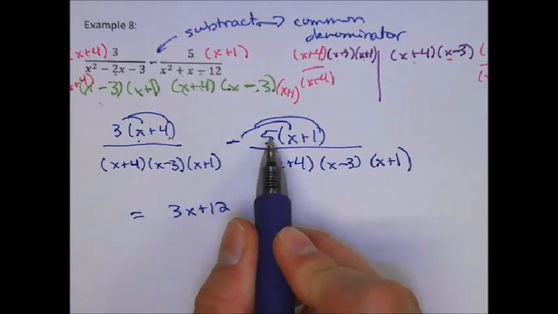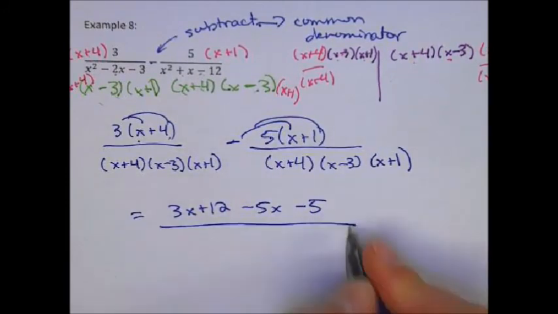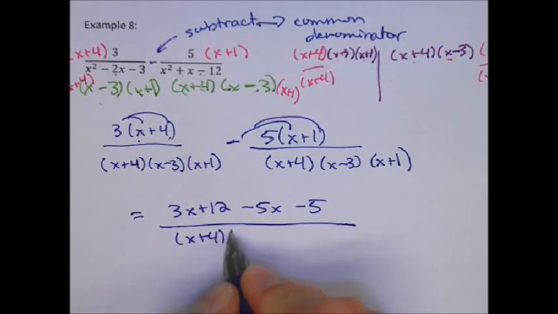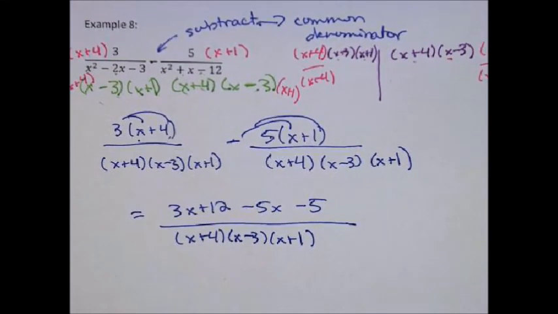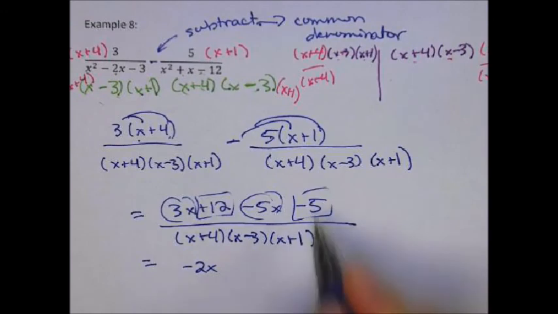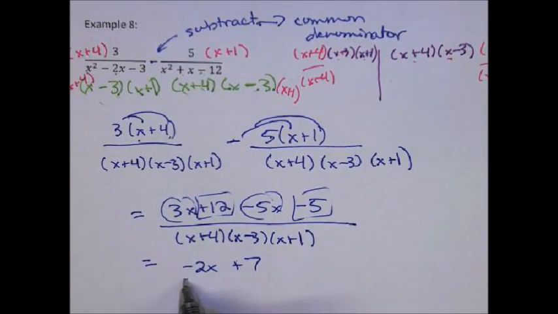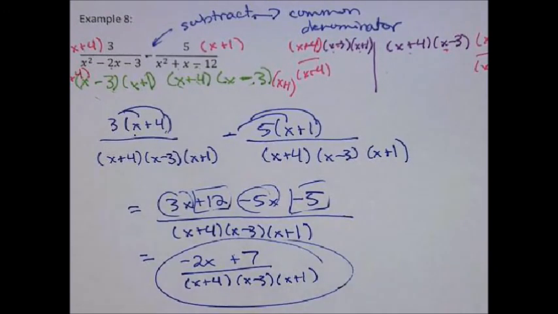Remember, this is a negative 5, so I get negative 5x minus 5. Write down the denominator. 3x minus 5x, negative 2x. 12 minus 5, positive 7, over x plus 4, x minus 3, x plus 1. I can't factor the top, so we are finished.